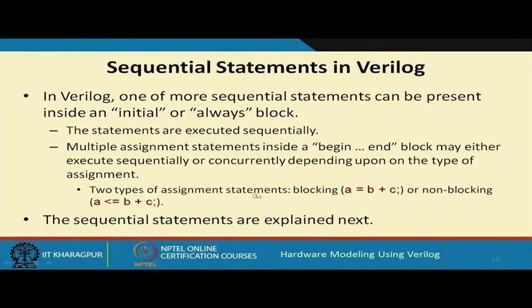There are two types of assignment statement. One is called blocking, which is denoted by the equal to symbol, and another type called non-blocking, which is denoted by less than equal to or the arrow symbol. Okay. Now, the sequential statements available in the Verilog language will be explained one by one.